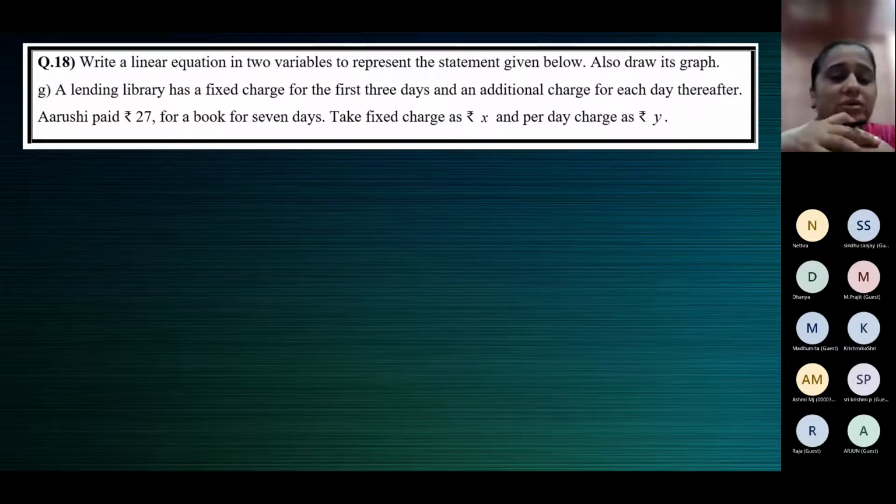A lending library has a fixed charge for the first 3 days and an additional charge for each day thereafter. Arushi paid rupees 27 for a book for 7 days. So Arushi borrows a book from the library and she returns the book after 7 days, meaning she has the book with her for 7 days.